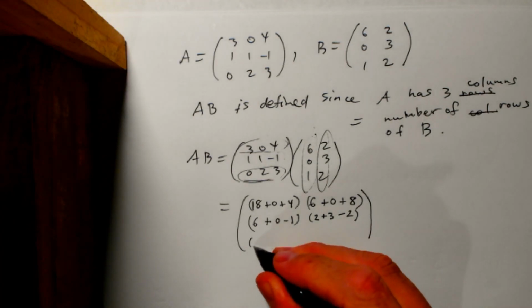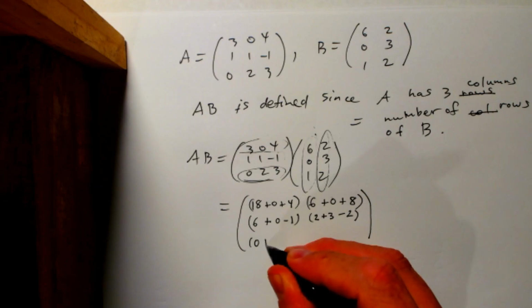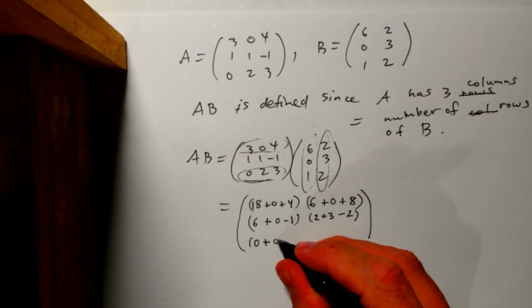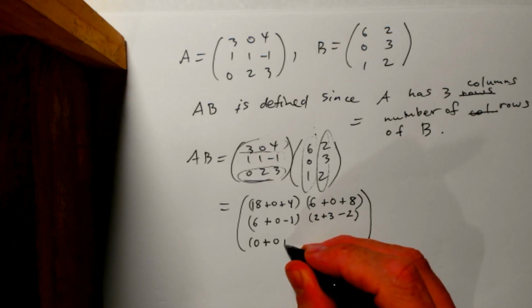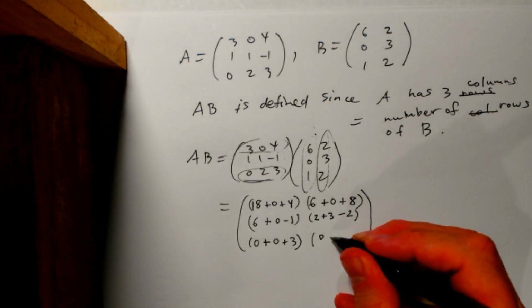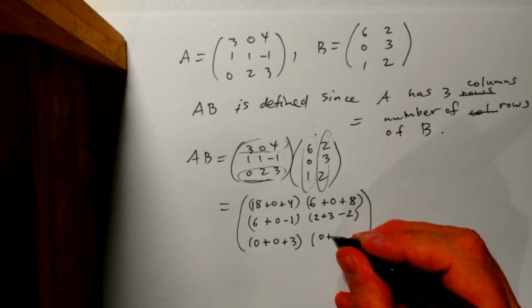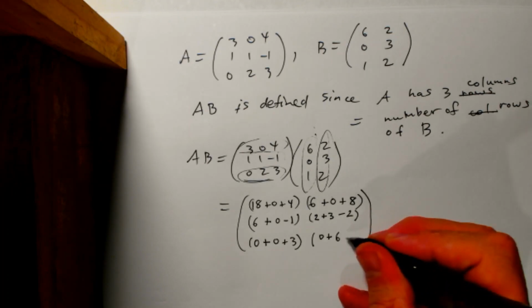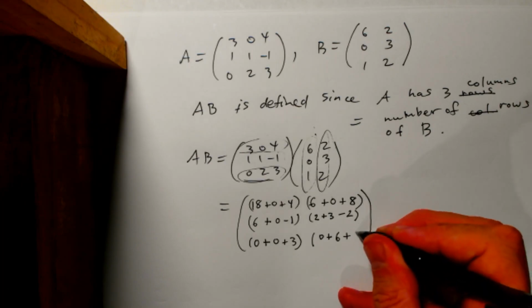So 0 times 6 is 0, plus 0 times 2, or 2 times 0 is 0, plus 3 times 1 is 3. And finally, last row, last column gives us 0 times 2 is 0, plus 2 times 3 is 6, plus 3 times 2 is 6.